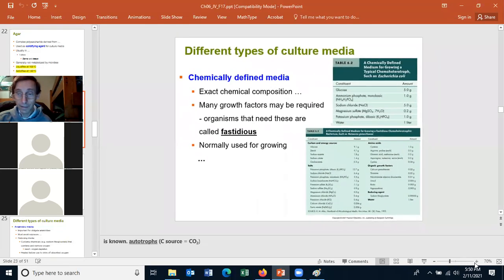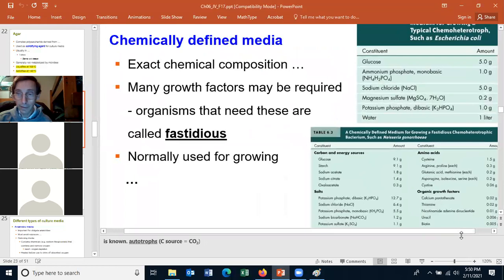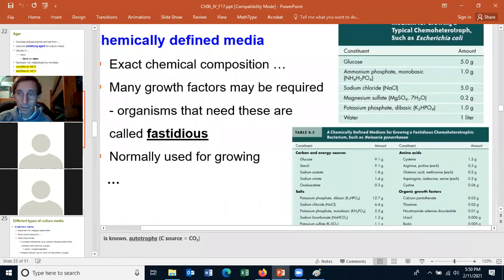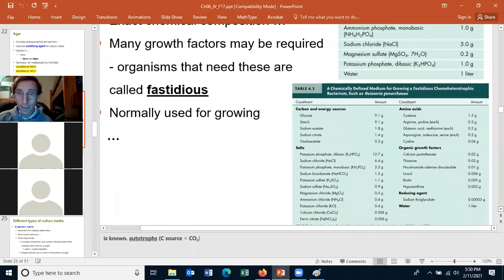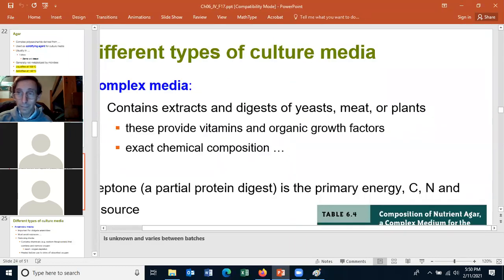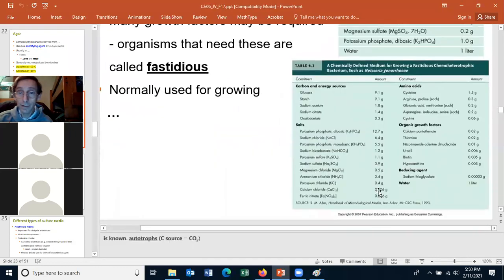An organism that's fastidious requires a lot of growth factors, such as this media on the bottom here. And there's a whole bunch of things that are added to this media.